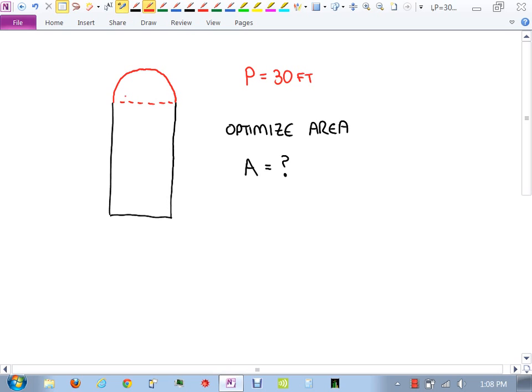I don't know what the height of the window is, right? No one tells me that in the problem. From the bottom to where the semicircle is, so the height of the rectangle. The width would be from here to here. I don't know those, do I?